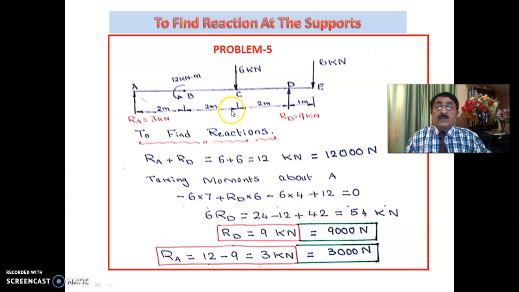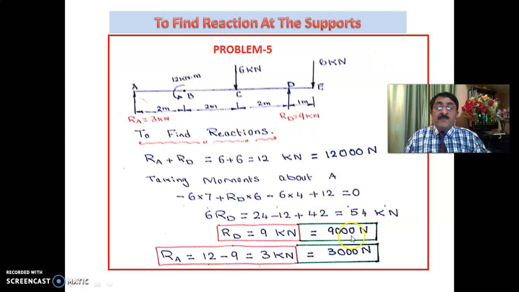Then again, minus 6 into 4, a clockwise moment, plus 12, since this is an anti-clockwise moment, equal to 0. If you substitute, 6 RD is equal to 54 kilonewtons, or RD is equal to 9 kilonewtons, or 9,000 newtons.